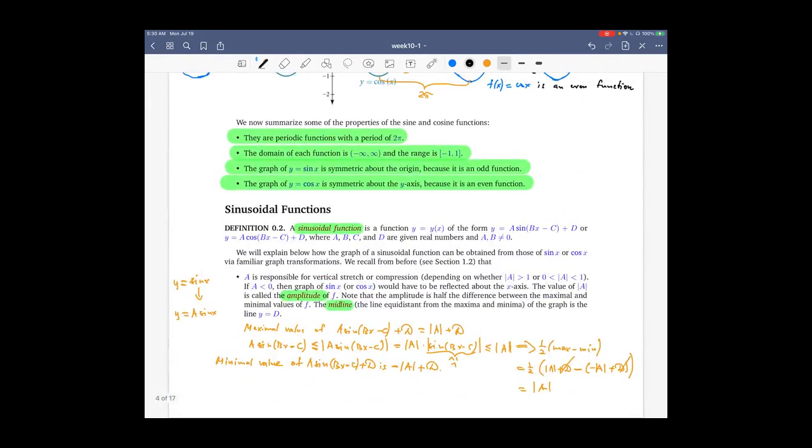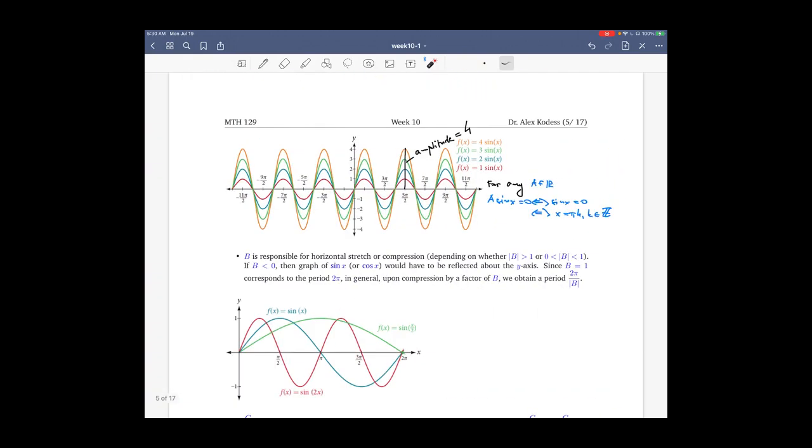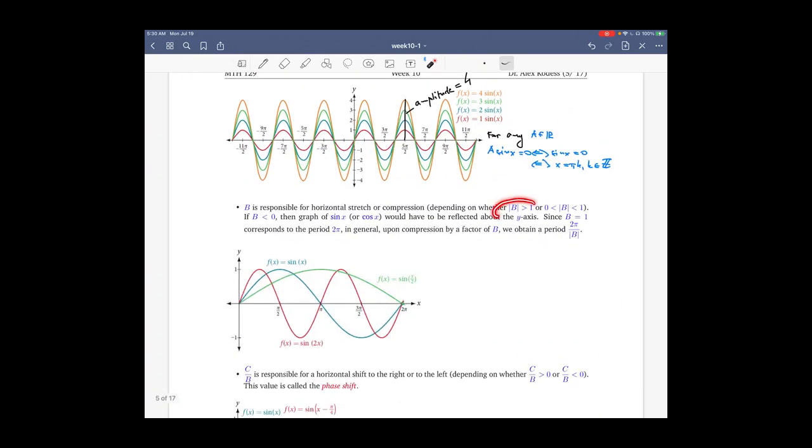B, as we know, the multiplier in front of x inside the function is responsible for horizontal stretch or compression. And of course, if B by absolute value is greater than 1, we are compressing by a factor of B. And if B by absolute value is between 0 and 1, we are stretching with a factor of 1 over absolute value of B.